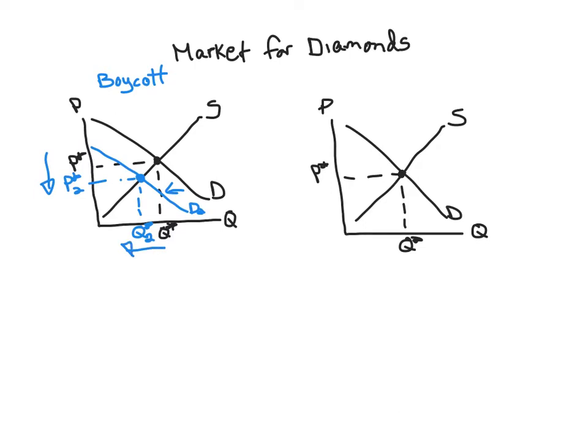Okay, so now let's consider the second factor here, which is the new law that requires mining companies to pay higher royalties to the countries they are mining the diamonds in. So higher royalties paid by the diamond companies is going to translate into higher marginal costs of production.